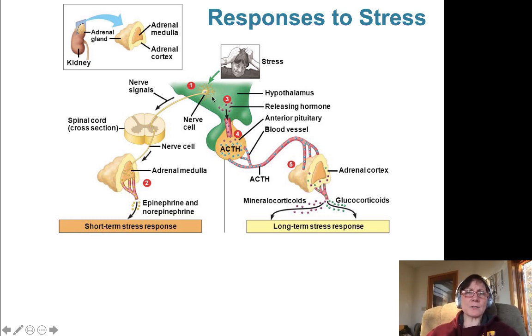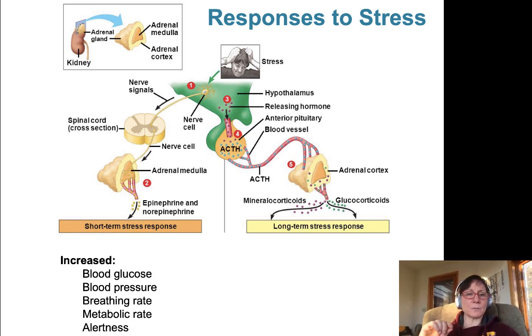So if you're under stress in the short term, so let's say there's a fire that suddenly breaks out, or a bomb goes off, or zombies attack your house, that'll cause a nervous reaction that will then send a signal to your spinal cord and directly to your adrenal gland, causing the release of epinephrine and norepinephrine. And so these are responses that lead to short-term stress impacts.